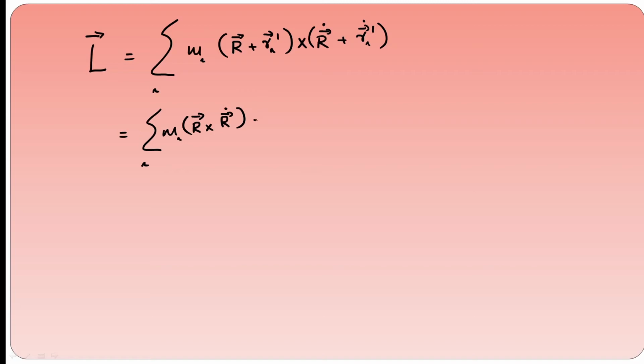The second term, plus summation over i of Mi R cross Ri prime dot.